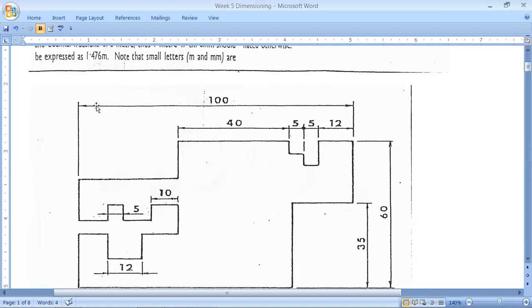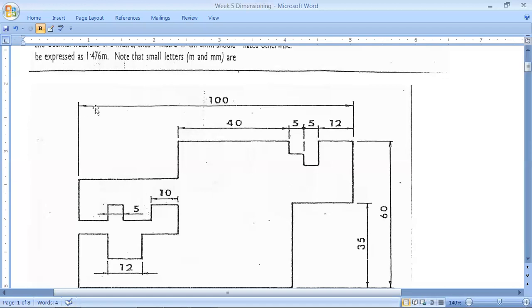The dimension line will be drawn approximately 1.5 to 2 millimeter below the end of the projection line, leaving a little tail at the end of the extension line.